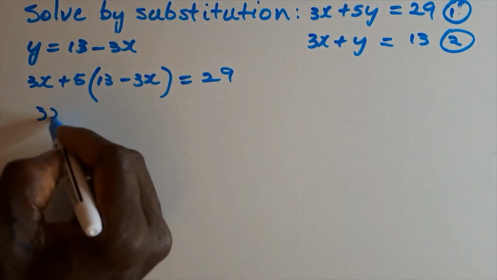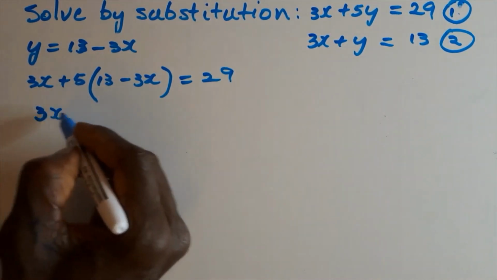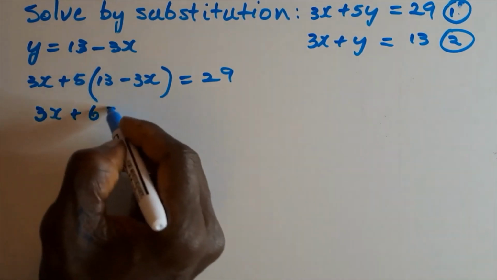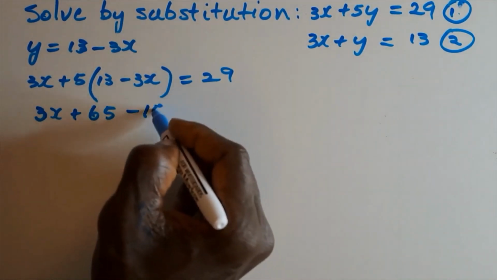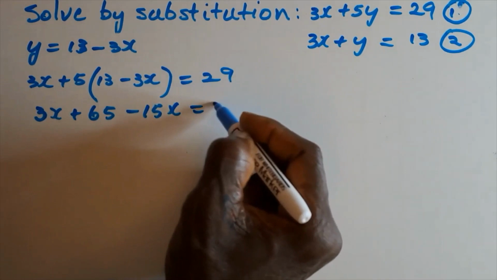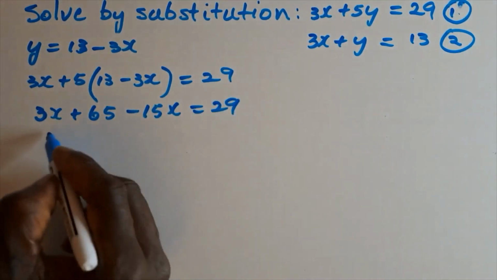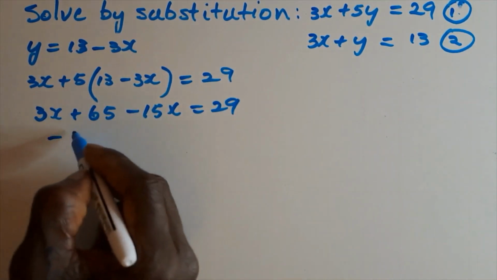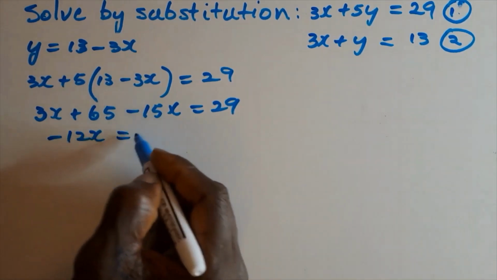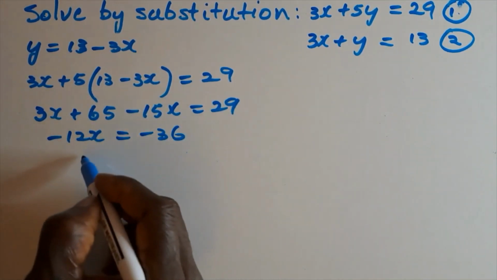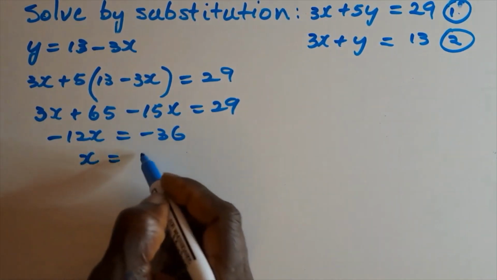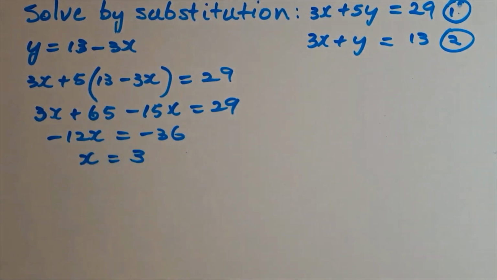So we have 3x + 65 - 15x is equal to 29, which gives us -12x is equal to -36, where x is equal to 3.